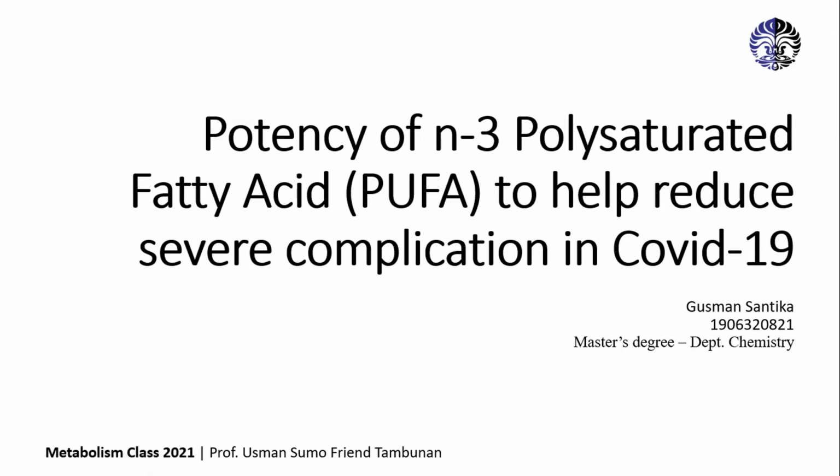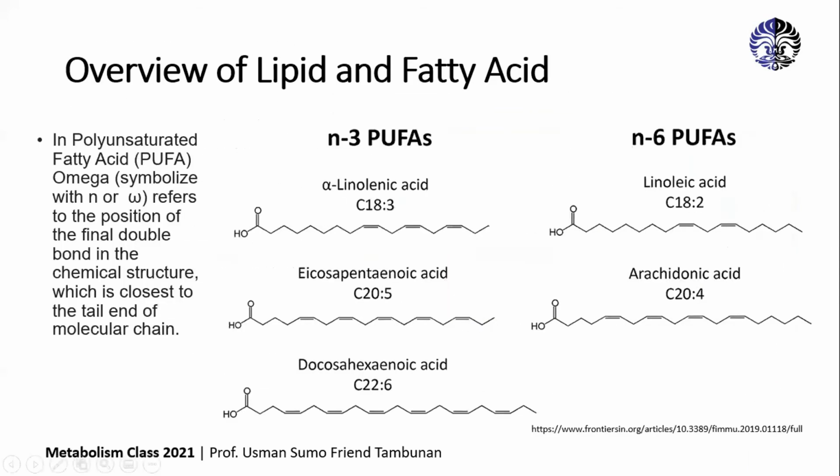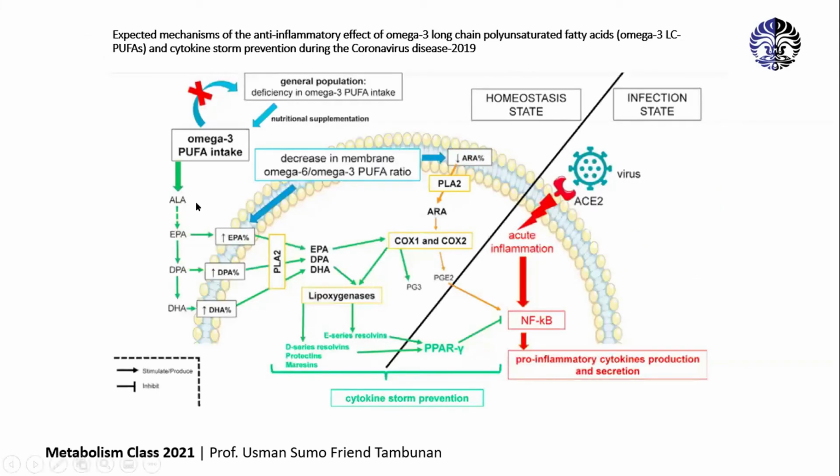From the paper that I've read, the form of PUFA for the function in the defense mechanism to prevent virus is in the form of polyunsaturated fatty acid, omega-3, which is APA, DPA, and DHA, which is contained in the cell membrane.